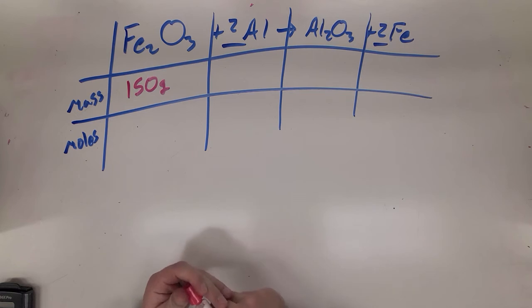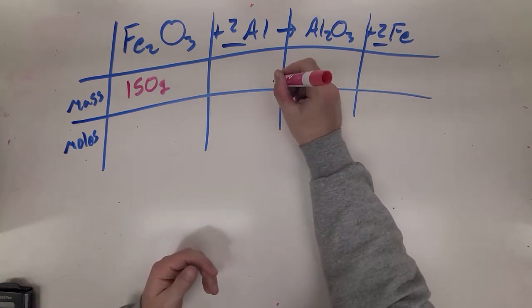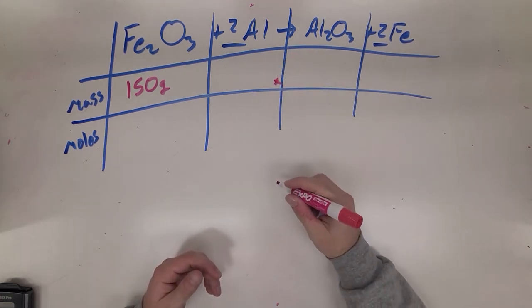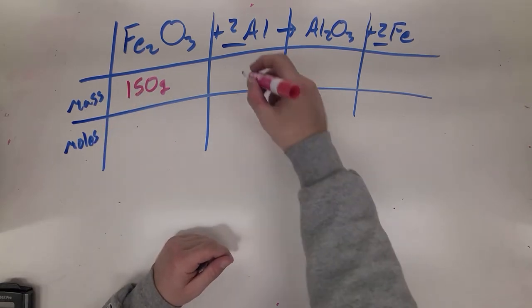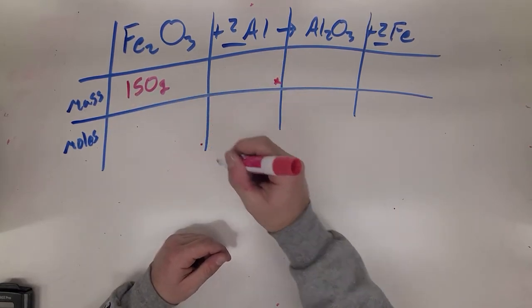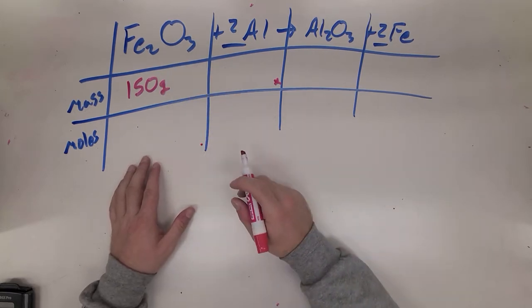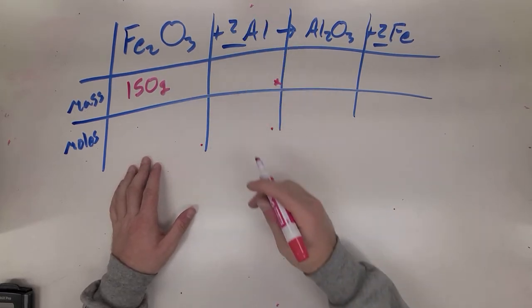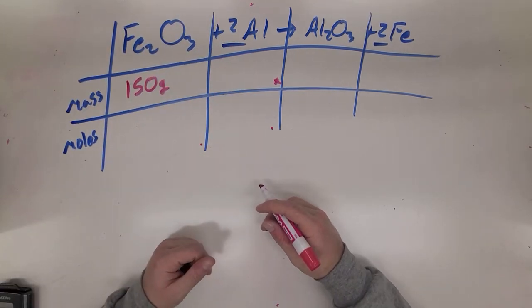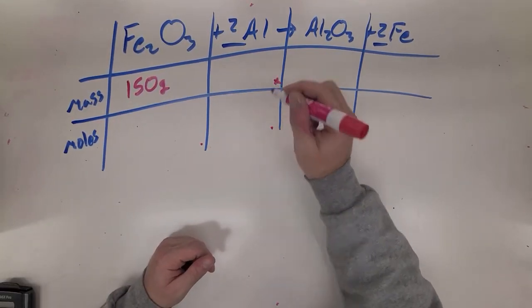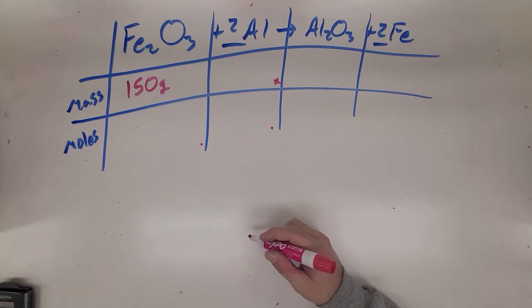And for the sake of this problem, we want to figure out the number of grams of aluminum that we would need to react with this to completion. So we would first figure out the number of moles, then how many moles of aluminum would be necessary, which it looks like is going to be a 1-to-2 ratio here, so about twice as much. And then from there, we can figure out how many grams of aluminum we'd have to weigh out.